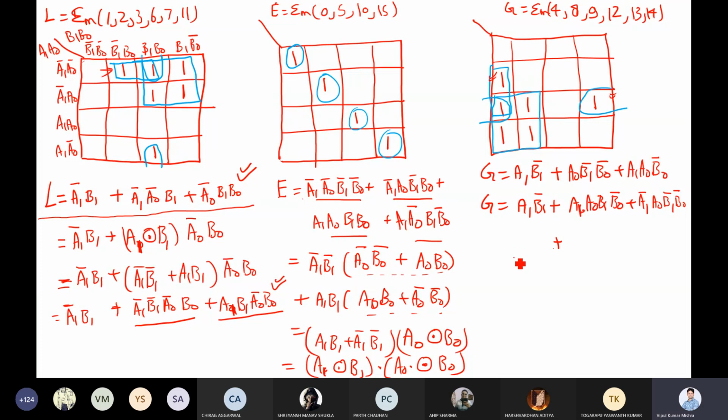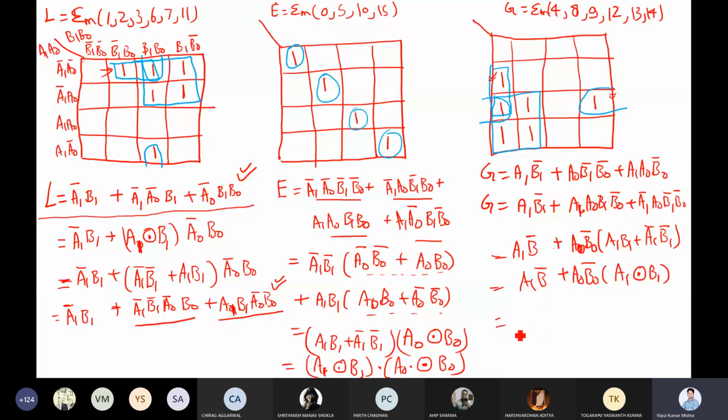Now let me simplify it in terms of X NOR. I want to make an X NOR, right? So what can we take common? Can we take A1 XNOR B1? Can we take A0 B0 bar as common, and you will get A1 B1 here plus A1 bar B1 bar here. So in short, we can say A0 B0 bar A1 X NOR B1.